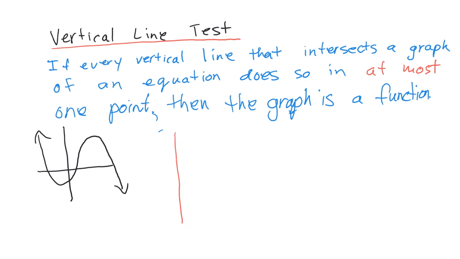Now, what it's saying is if I have a vertical line and I can move this line all the way across this thing, and it actually just touches the curve at exactly one point each time, then we can say this is a function. And yes, it is a function.